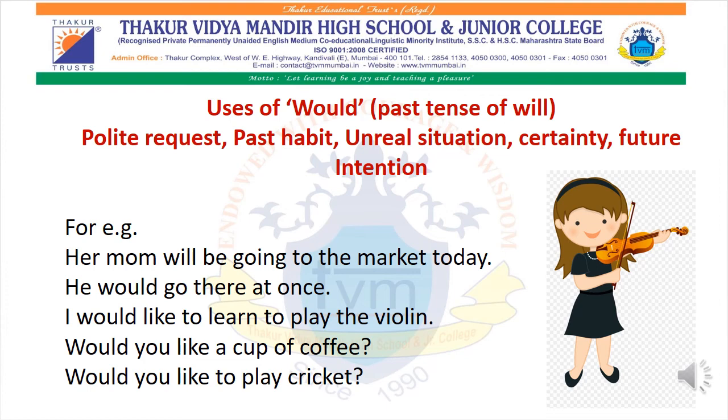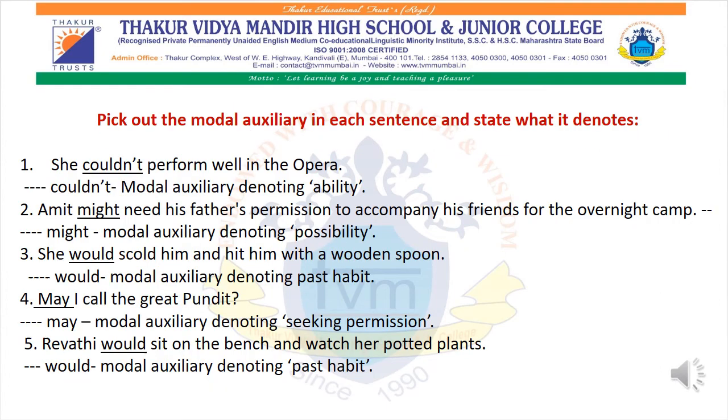And I know you all are smart enough now to identify when may is used, when would is used, when should is used. Okay, now pick out the modal auxiliary in each sentence and state what it denotes. She could not perform well in the opera.